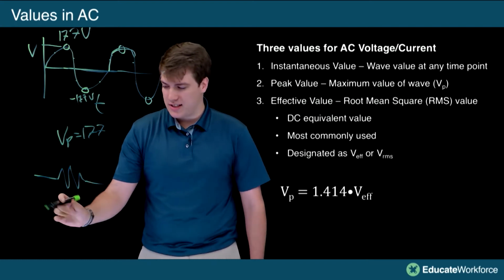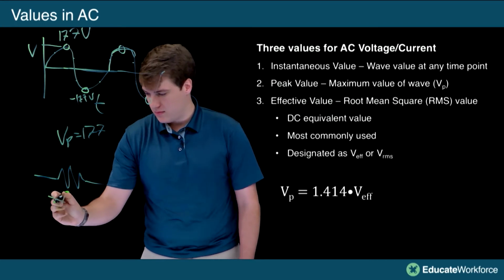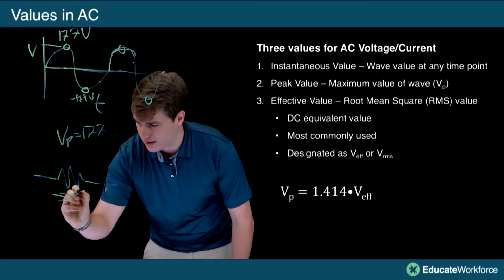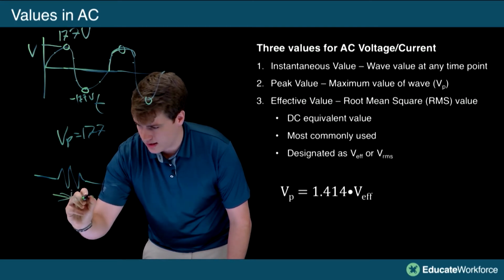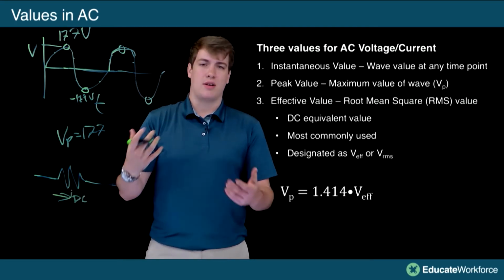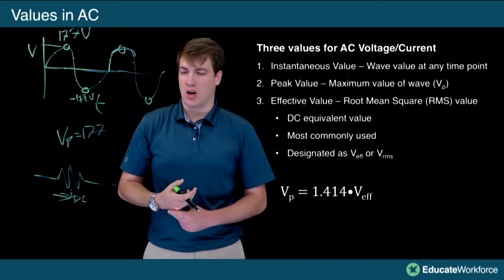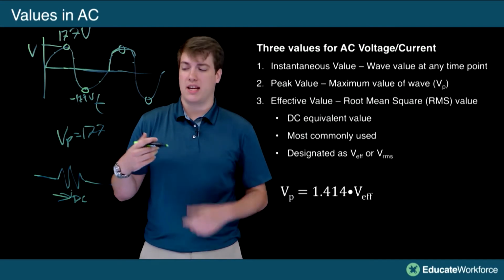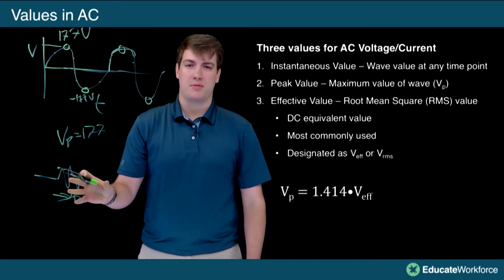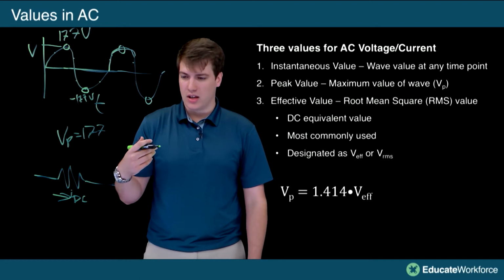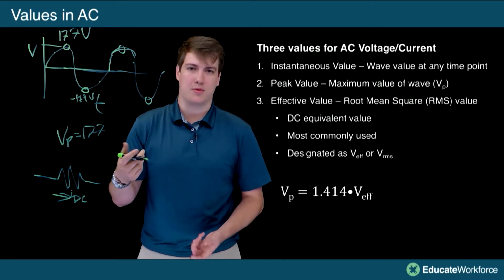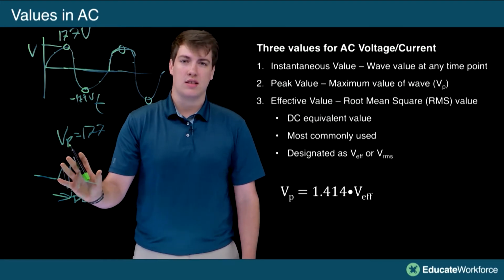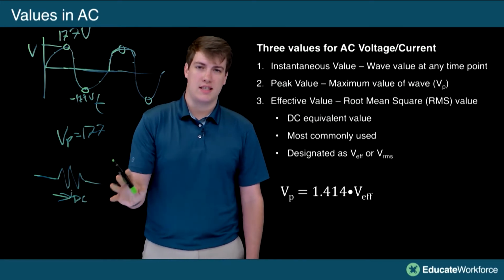So we have some DC current, I DC, that creates some value of heat. And so our effective voltage in AC is the same voltage that creates the same heat dissipation. So if we have an effective voltage of 120, then that effective voltage creates the same heat dissipation in a resistor as a DC 120 volts.